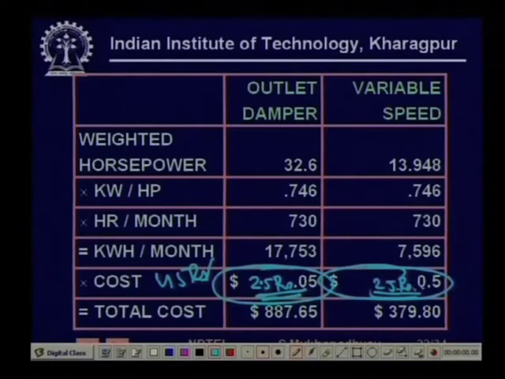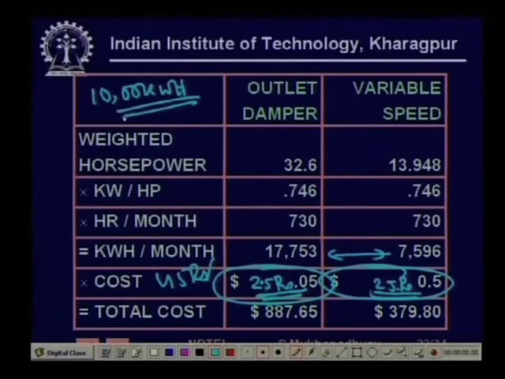So, approximately speaking, if you take 2.5 rupees, then you have roughly 10,000 kilowatt hour per month saving at 2.5 rupees per kilowatt hour, that comes to a 25,000 rupees saving per month on a single fan.